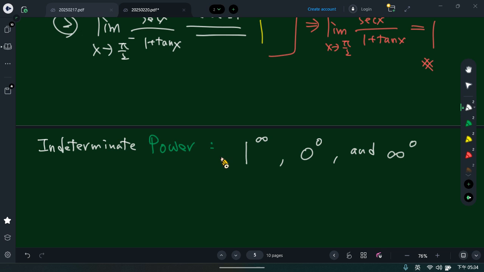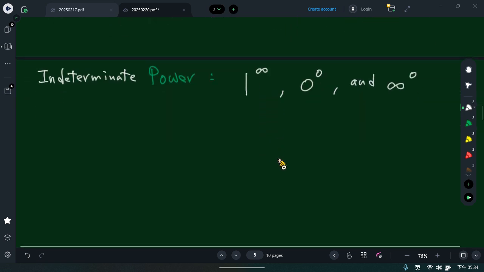But for these three forms, when we try to convert them into a limit form, we can find the limit value. So how can we do that?